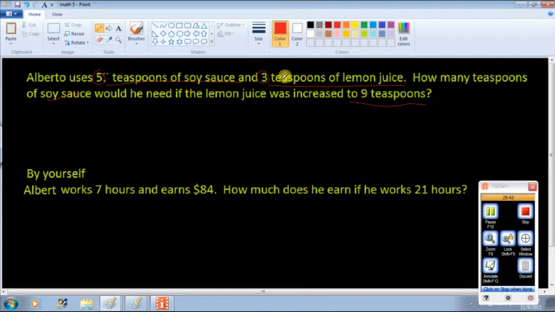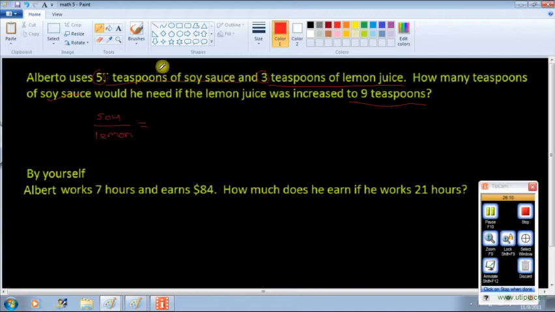So it's teaspoons soy sauce, so I'll put soy, and it's to lemon juice, so I'll put lemon. Alright, let's match it. We don't have 2 numbers here in the question, so there's no way we can set it up from there, but we do have it in the first part of the problem.